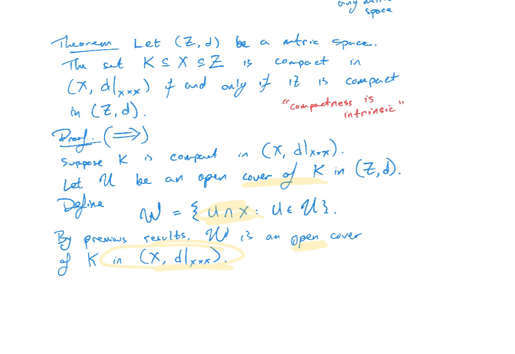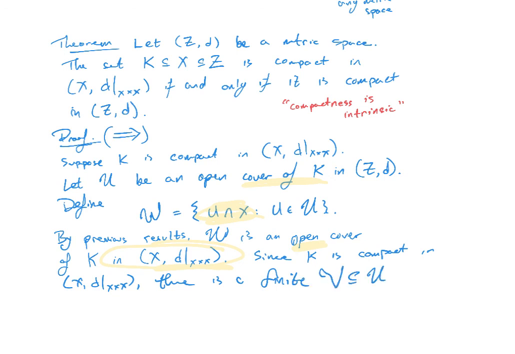Now, we assumed we're compact there. Since K is compact there, there is a finite subset V of W. That's what compactness means, right?